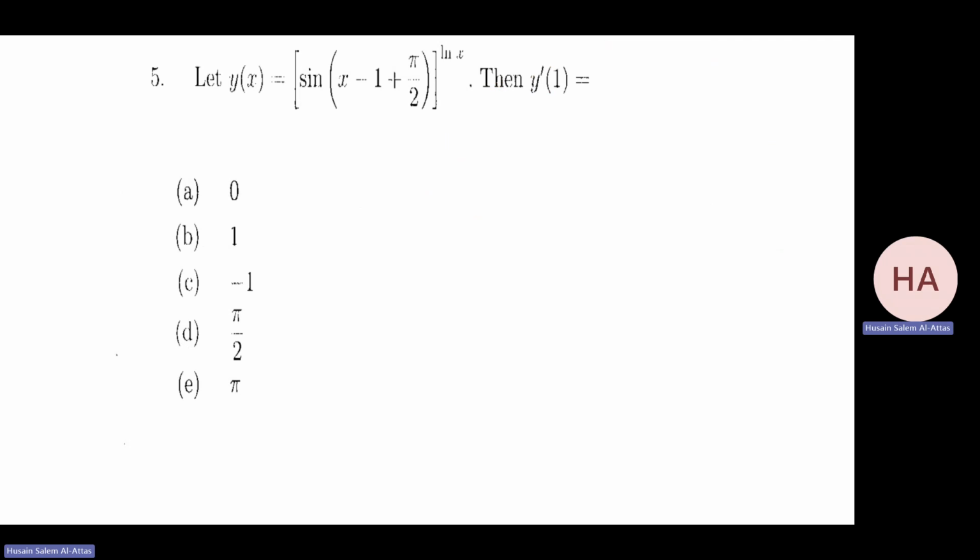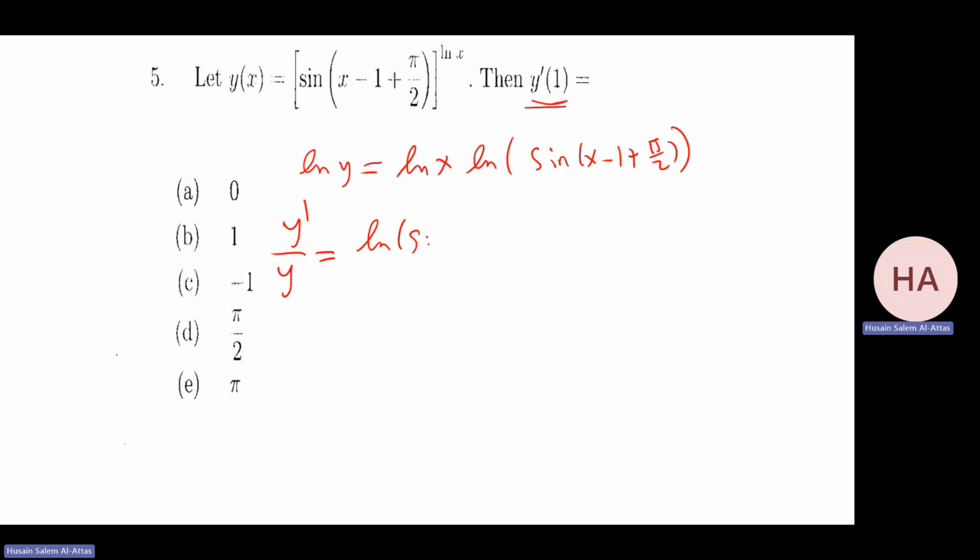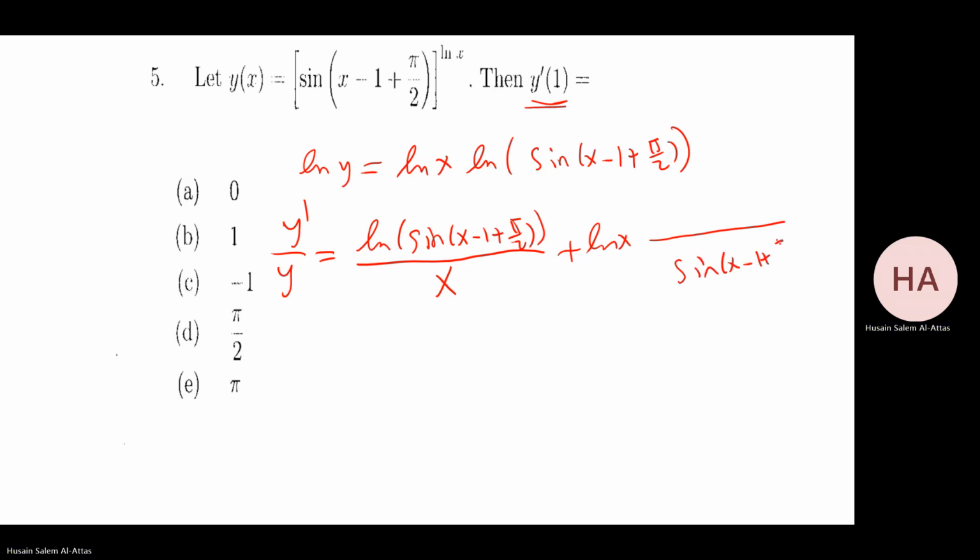y of x equal this. Find y prime at 1. Let's take ln. I have ln y equal ln x, ln of all this. Differentiate: y prime over y will be ln of sine over x plus ln x times cosine.